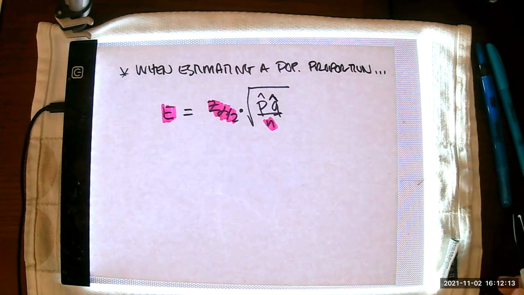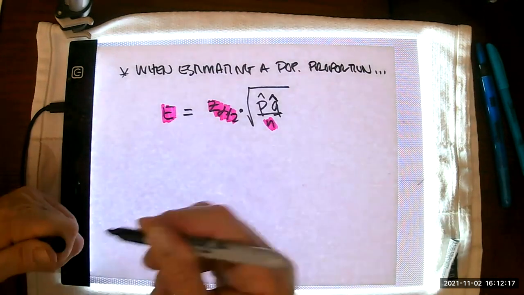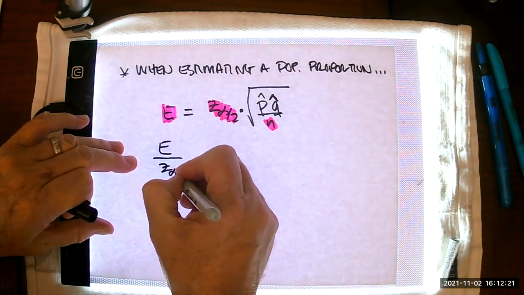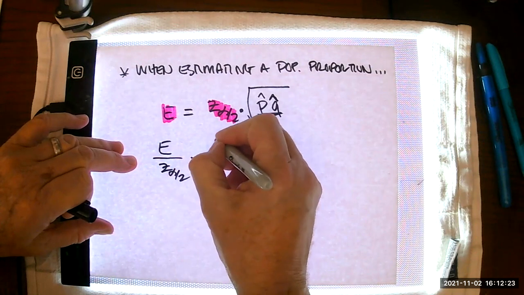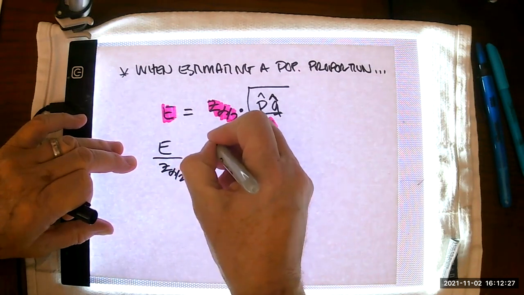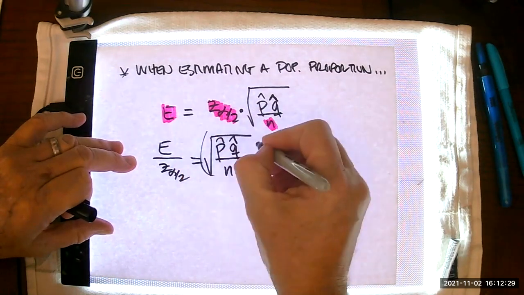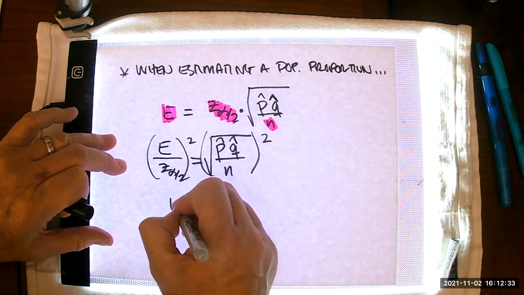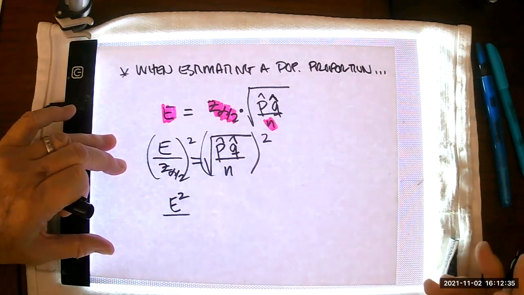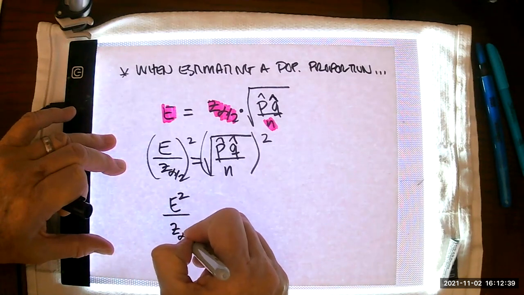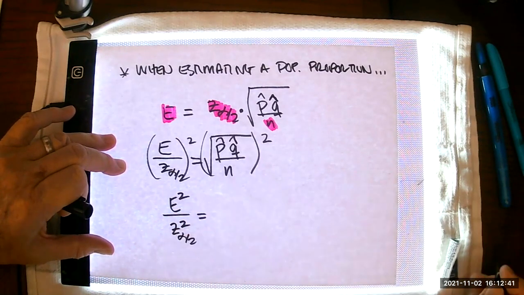So the first thing I do is I'll solve this for n, dividing both sides by my z alpha over 2. I have the square root of p hat times q hat all over n. That's still in a radical, but I'll eliminate that radical by squaring both sides. We have a ratio on the left, so that's E squared divided by the z alpha over 2 squared.